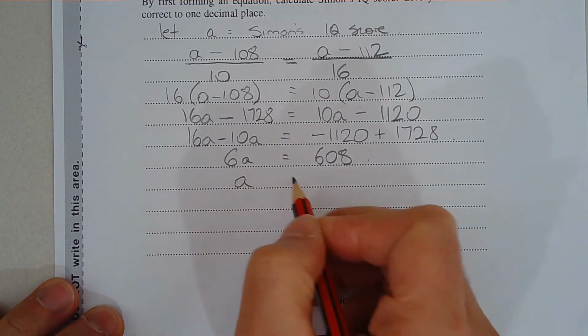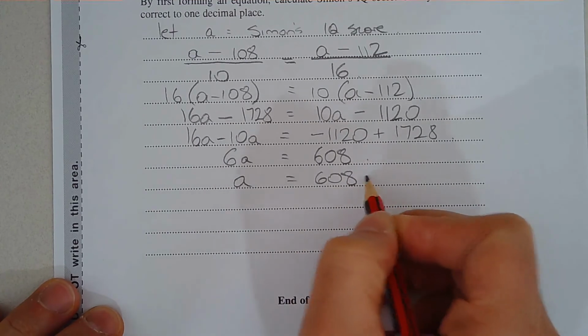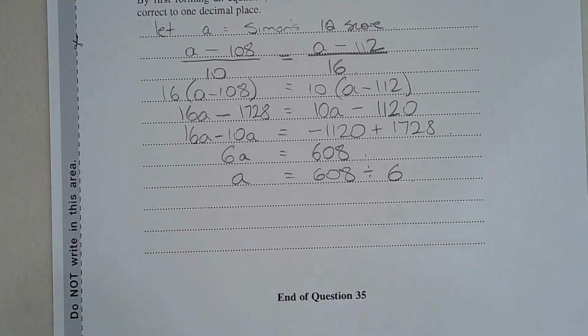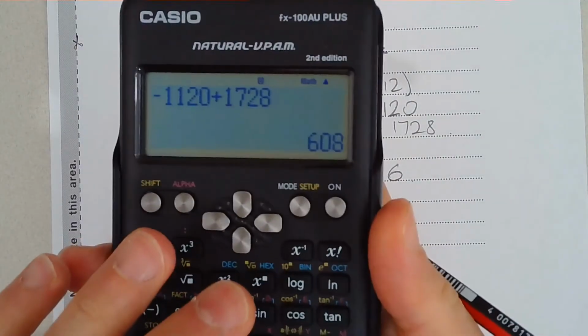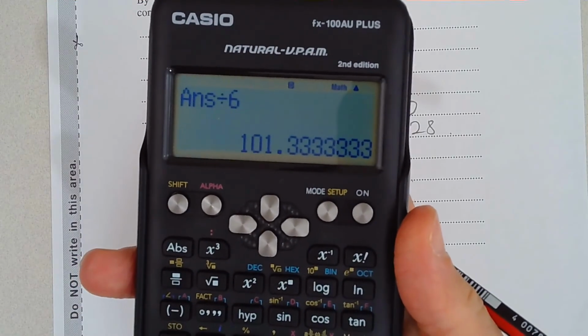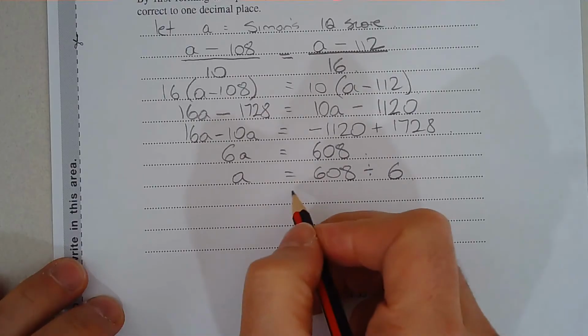Now A is equal to 608 divided by 6, and we get 101 and a third, or 101.333.